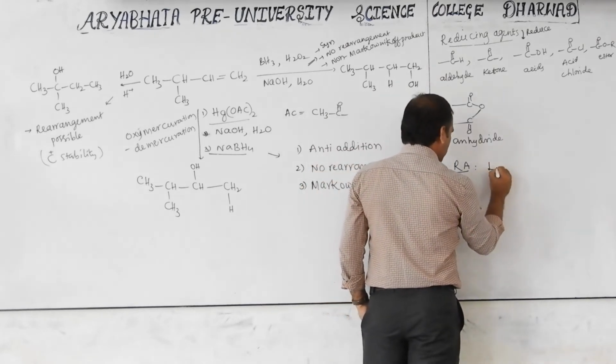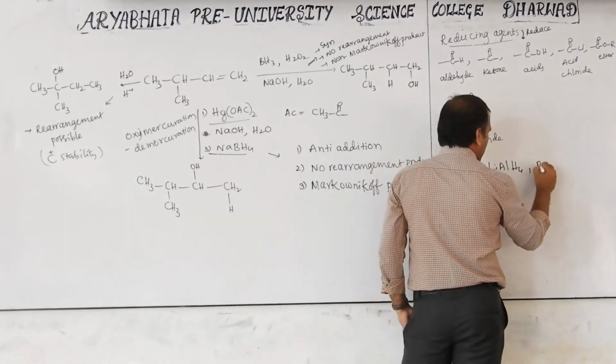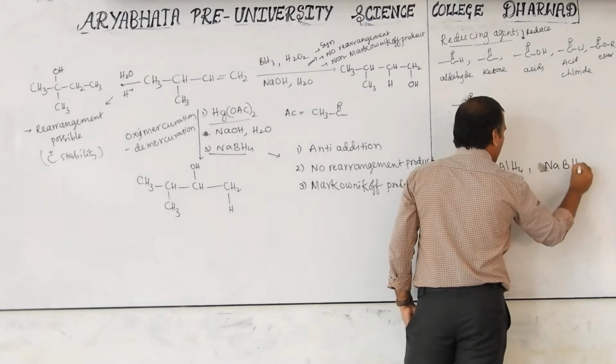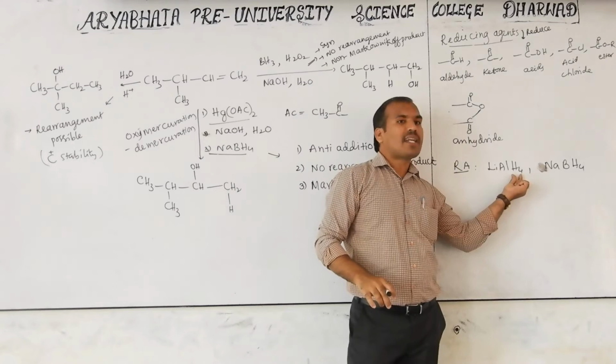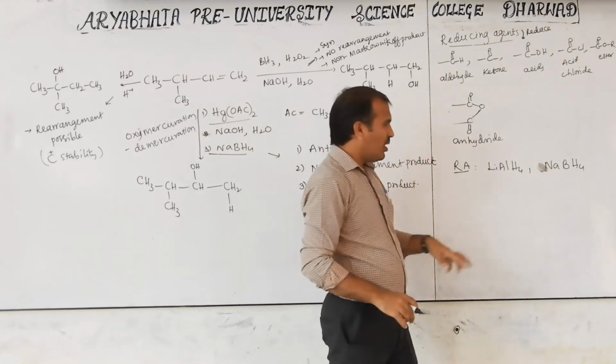One is lithium aluminum hydride. Another is sodium borohydride. Observe carefully. Lithium aluminum hydride: hydride is the negative part, H minus.